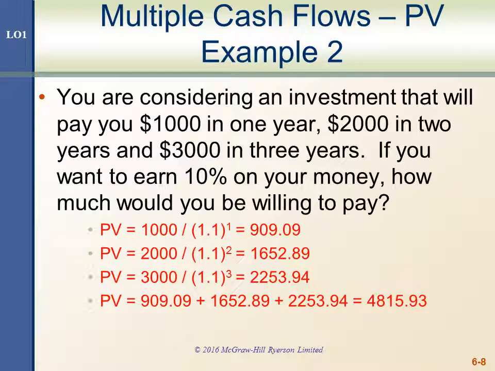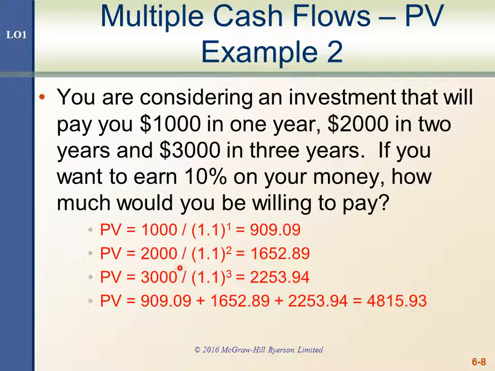The present value of the $1,000 payment that takes place in 1 year is equal to 1,000 divided by 1 plus the interest rate, or 1.1, to the power of 1, which is just dividing by 1.1. When I do it, I get $909.09. The present value of the $2,000 payment that happens 2 years from today gets discounted by a factor of 1.1 squared, giving me a present value of $1,652.89.